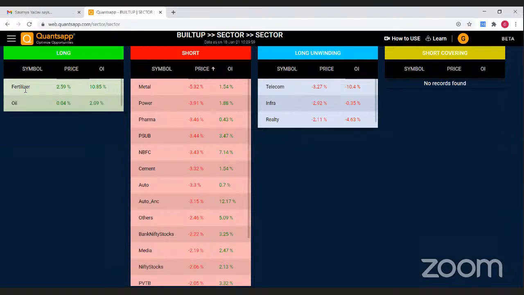But in the fertilizer sector as a whole, I can see around 2.5 to 3% increase and almost 11% OI build up. So prices went up, OI also increased, meaning market participants had good confidence over the price increase of this fertilizer sector. So this is the top-down approach which I follow.